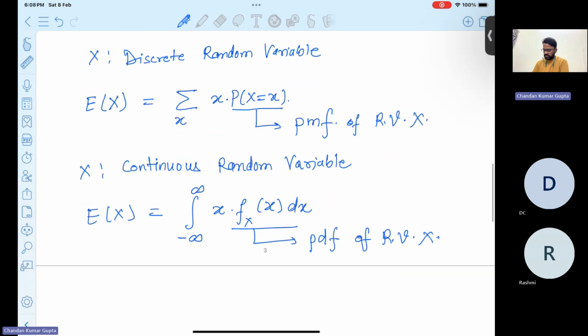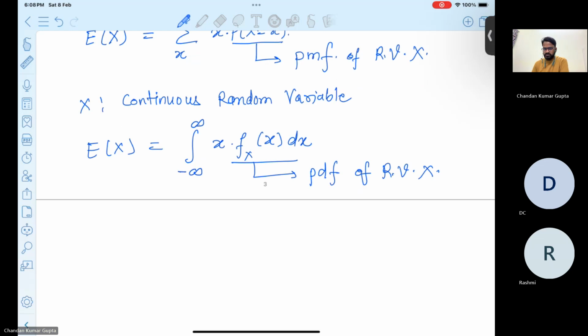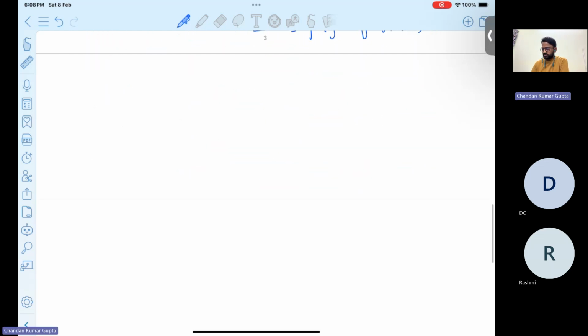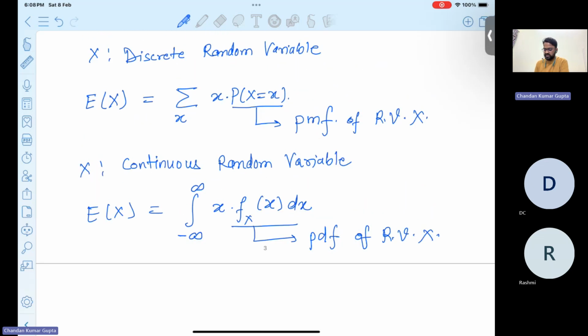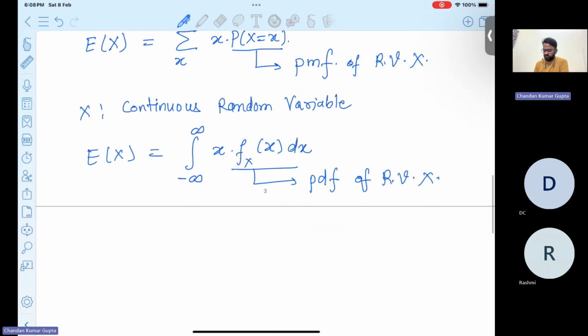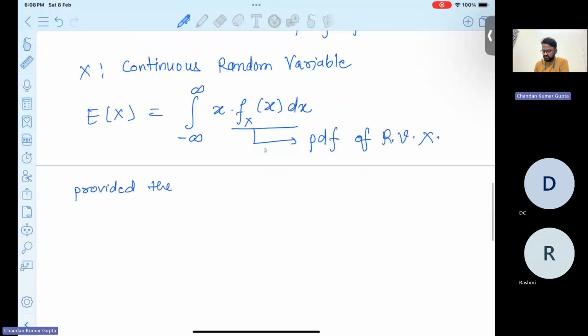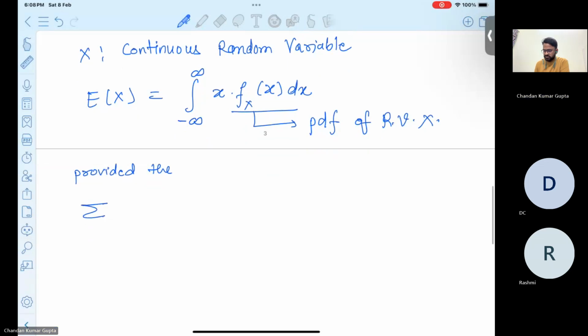Okay then. These are the formulas for the calculation of expectation. Also, there is a condition: this is only defined provided the summation of the modulus value of x, the absolute expectation, exists.